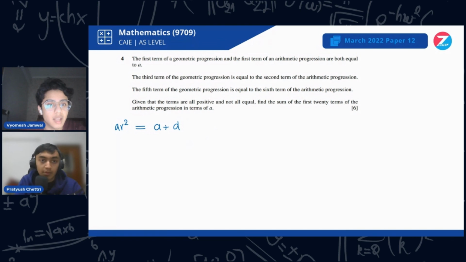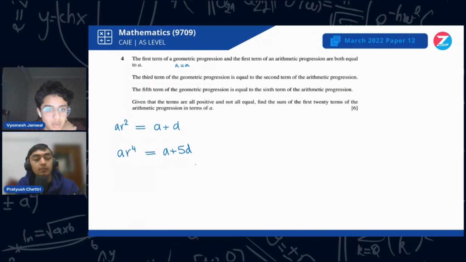And then let's take the second statement, which is the fifth term of the geometric progression, ar to the power 4, is equal to the sixth term of the arithmetic progression, which is a plus 5d. Given that all of the terms are positive and not all equal, find the sum of the first 20 terms of the arithmetic progression.